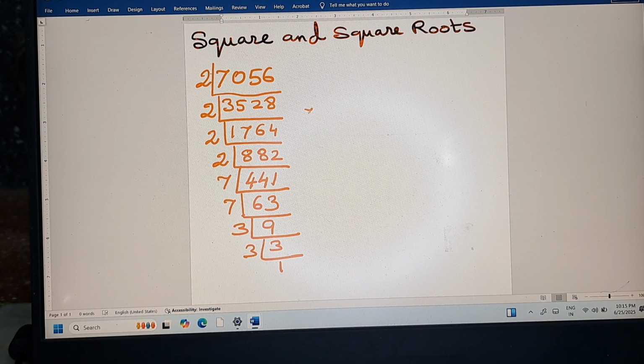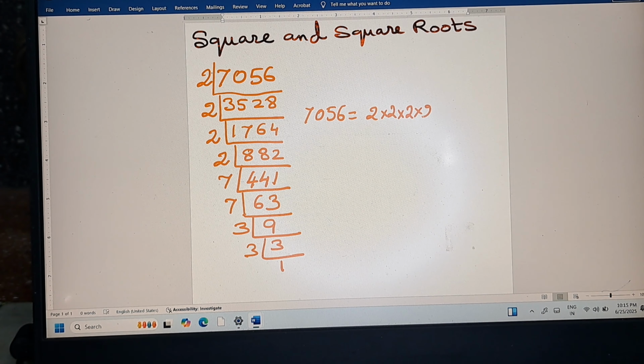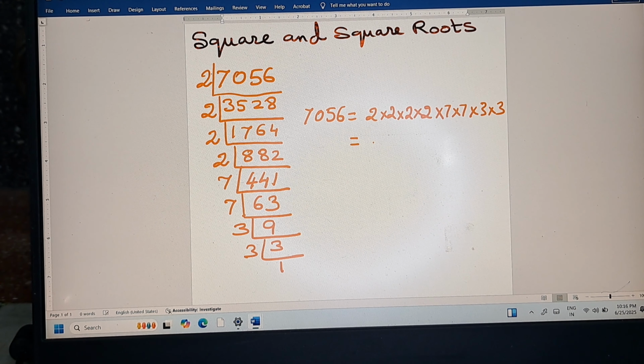So let us write down the prime factors of 7056. How many 2's are there? There are four 2's, followed by two 7's and two 3's.